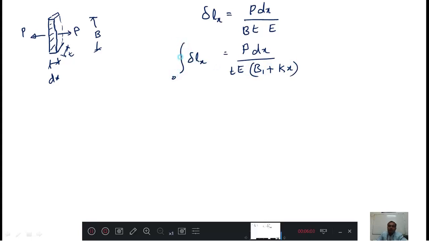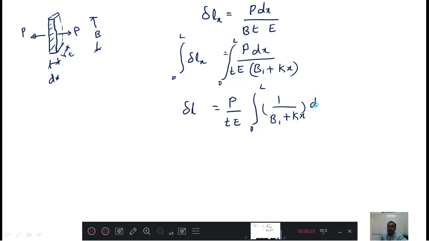If I integrate it from 0 to L, then I will get the total elongation. Total elongation equals the common constants, which I take outside, P and T and E. Then inside, 0 to L, 1 by B1 plus Kx into dx.